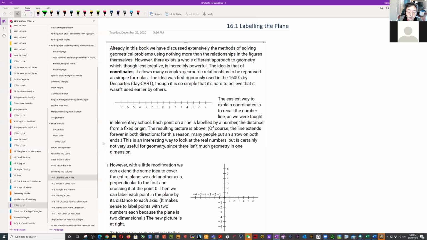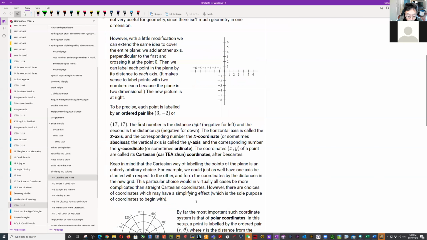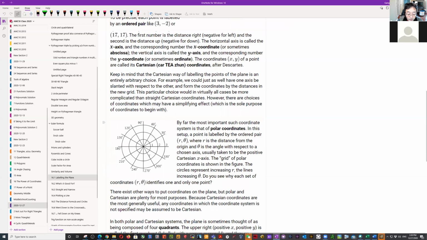Then people linked algebra together with geometry to create analytical geometry, which created the Cartesian or polar coordinate system.